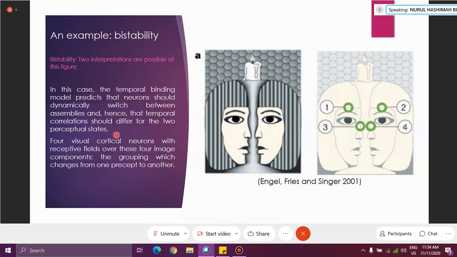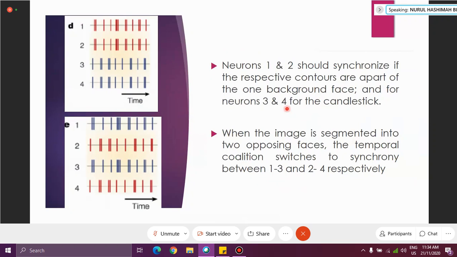So we have four cortical neurons with receptive fields, and then this is the result. Neurons 1 and 2 should synchronize if the respective contours are part of the one background face, and 3 and 4 for the candle states. So when the image is segmented into two opposing states, the temporal correlation switches to synchrony between 1 3 and 2 4.